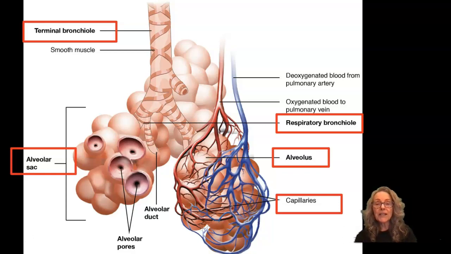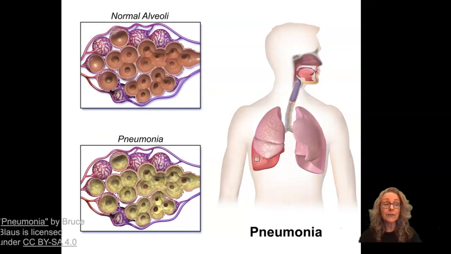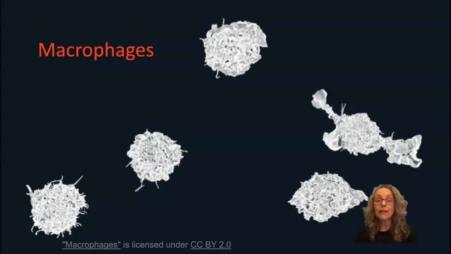Microorganisms usually do not get this far, but if they do, that could lead to an infection called pneumonia. Pneumonia is an infection of the air sacs or alveoli. One mode of protection in the air sacs are macrophages that can phagocytize and destroy pathogens.